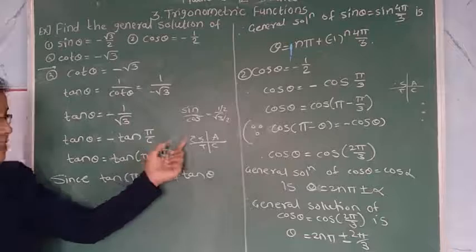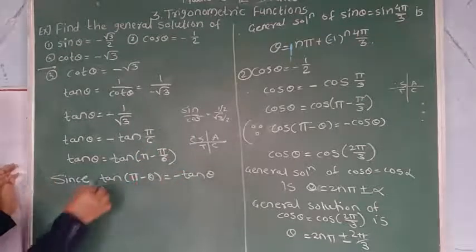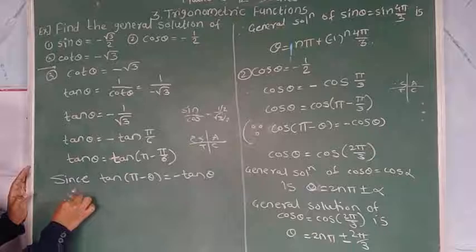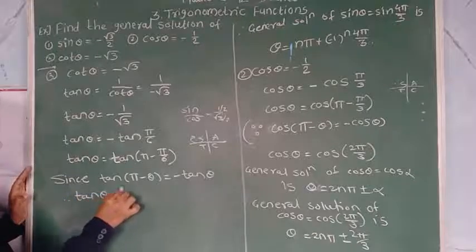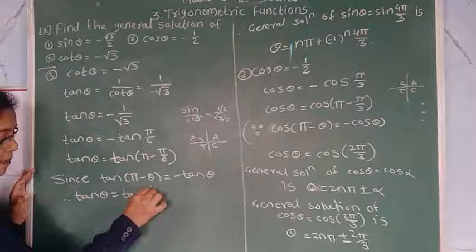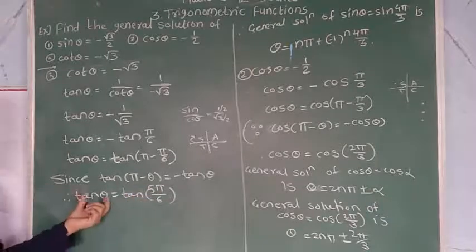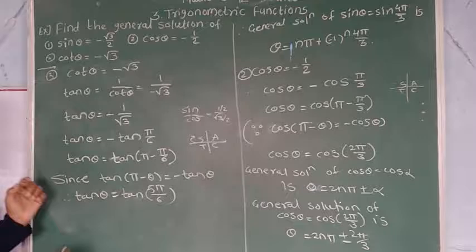In the second quadrant tan is negative. So therefore tan theta is equal to 6 pi minus pi, which is 5 pi by 6.